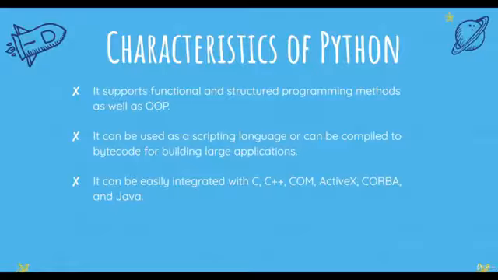So the last one is the integrated version, or I can say that if you have GUI programming or if you are probably trying to connect with C or C++, that will help you understand how it is extensible. If needed, you can write some of your Python code in other languages like C++.